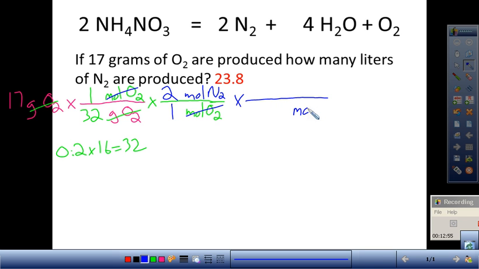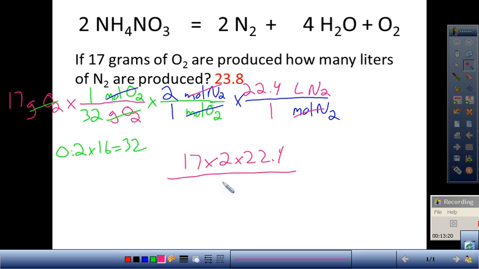So I take my units, I put them down there, and I want liters. 1 mole in the fraction means I use the number 1. Liters, it's always 22.4. Cross off my like units. And then to summarize, everything on the top divided by everything on the bottom.